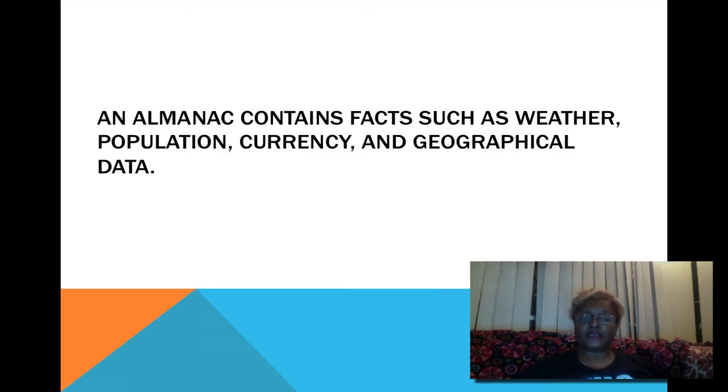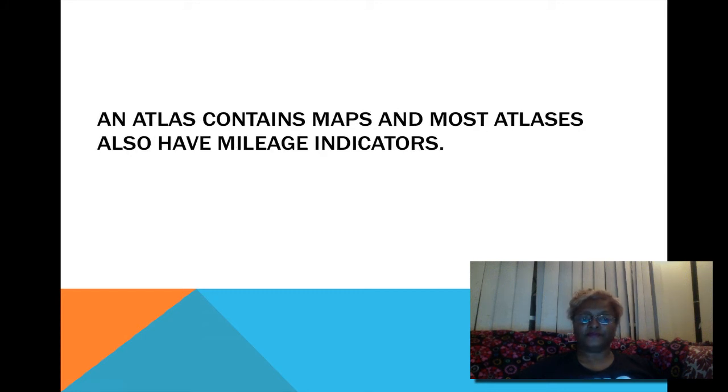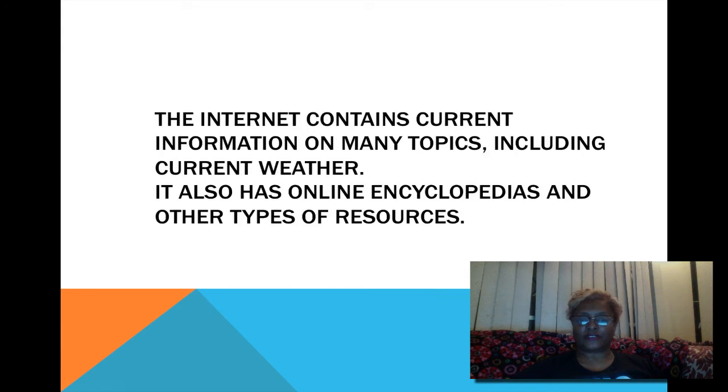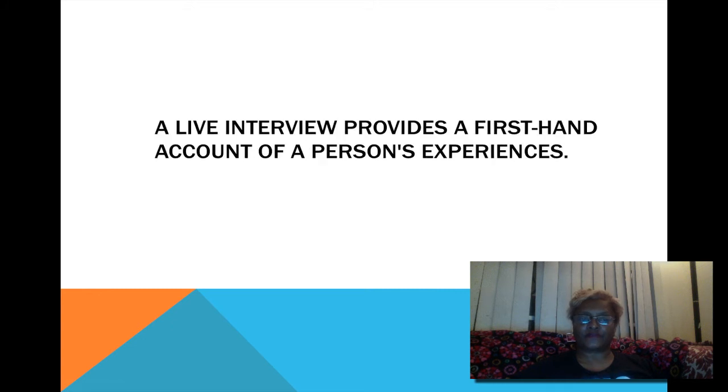An almanac contains facts such as weather, population, currency, and geographical data. An atlas contains maps, and most atlases also have mileage indicators. The internet contains current information on many topics, including current weather. It also has online encyclopedias and other types of resources.